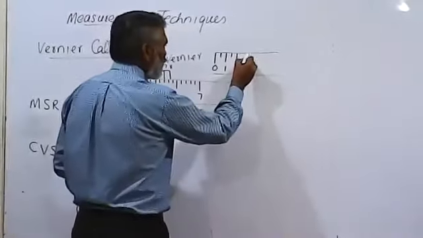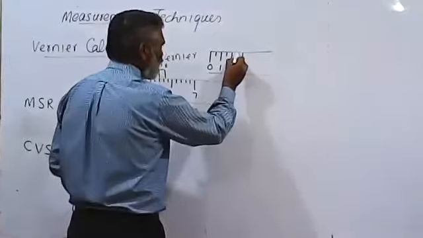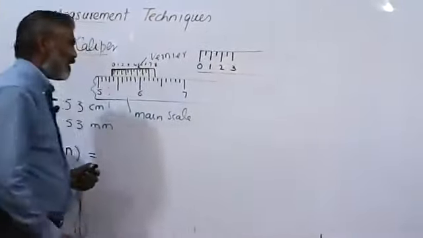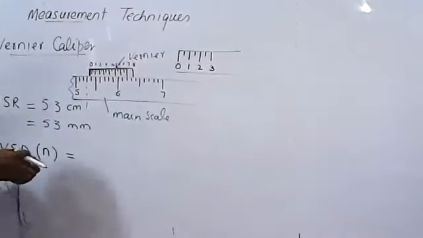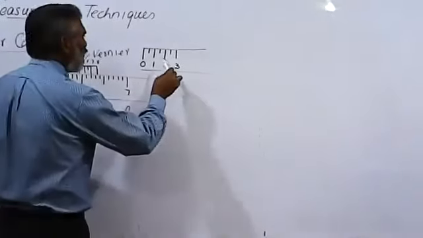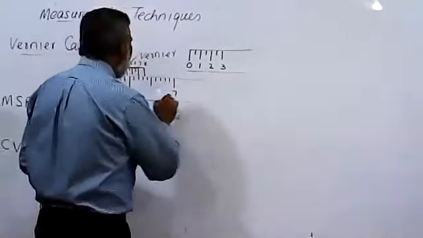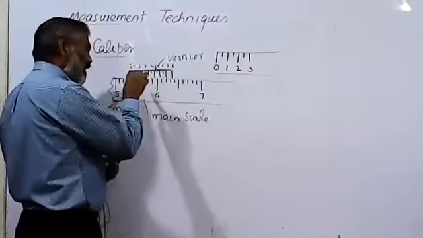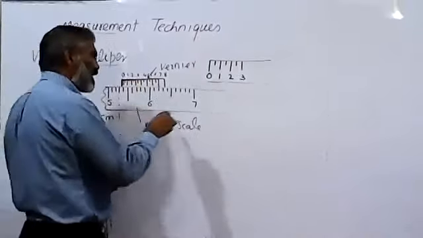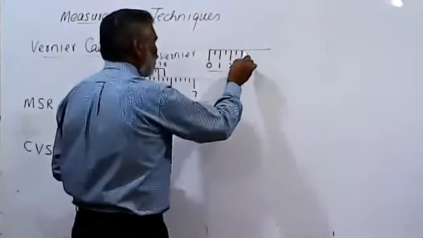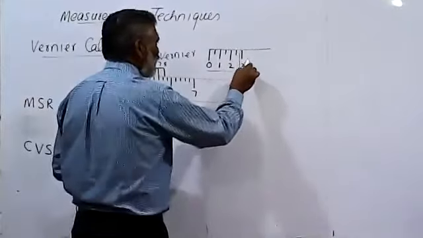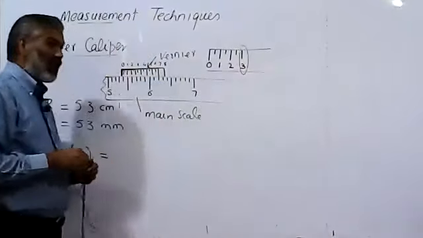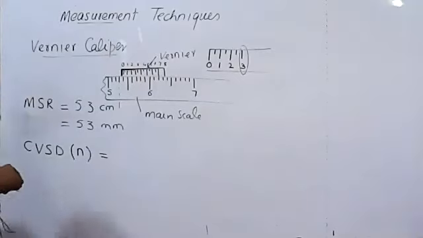If you have 3 here, there is a division in between 2 and 3. So assuming that the Vernier division which coincides with the main scale division is this numbered division, which is third apparently.